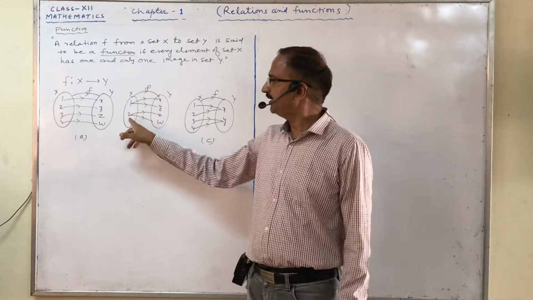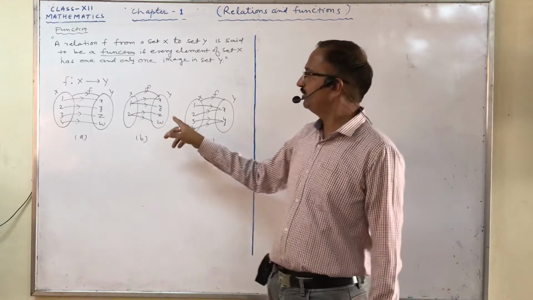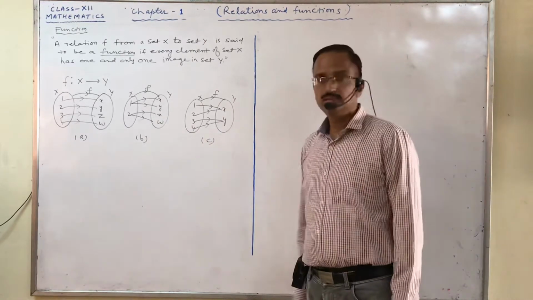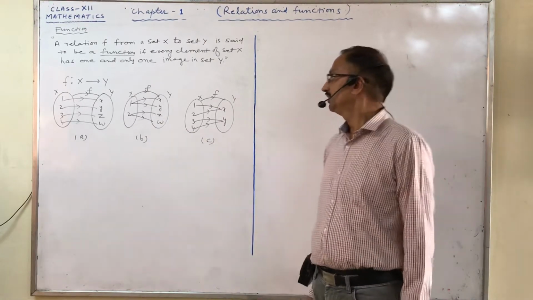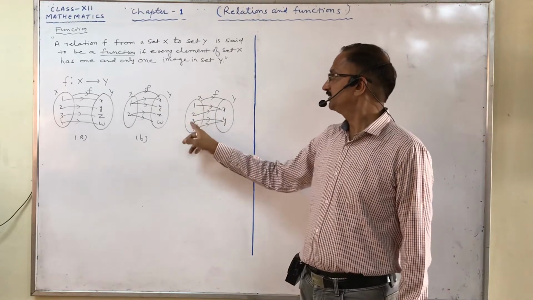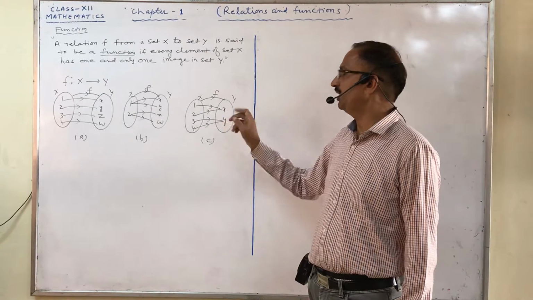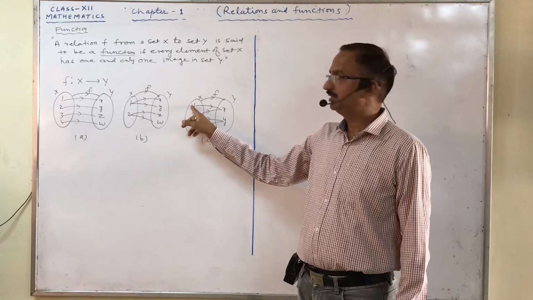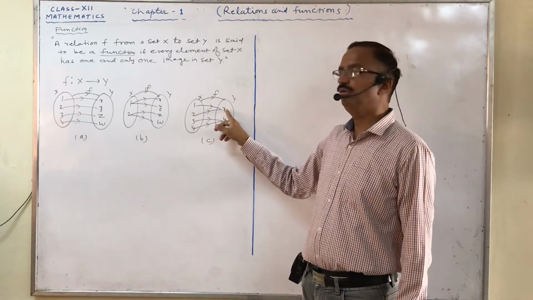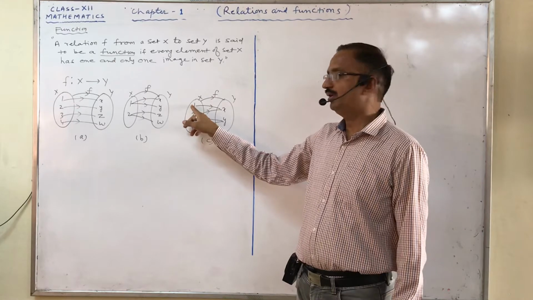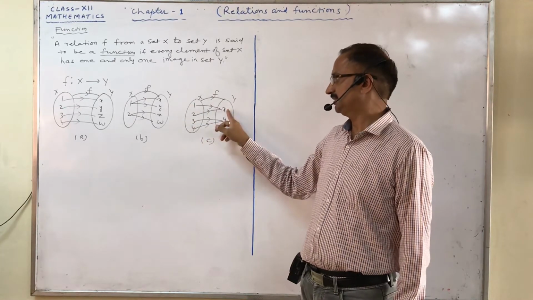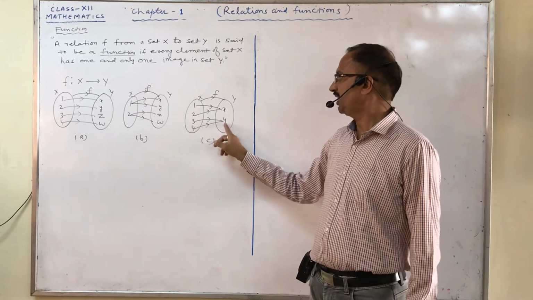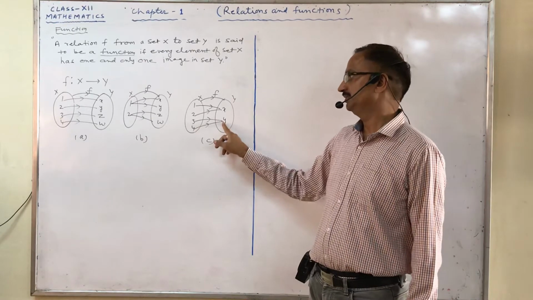Similarly, element 2 also has 2 images, z and w. In ray diagram C, set x has 4 elements, set y has 2 elements. Elements 1 and 2 are both related to x, so the image of 1 is x, the image of 2 is x, the image of 3 is y, the image of 4 is y.